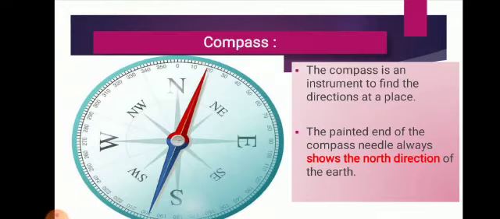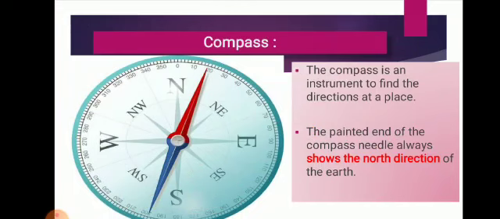See, this is a picture of a compass. A compass is an instrument to find the direction at a place. It is based on the property that a magnet can align itself along the north-south direction. A compass has a tiny magnet in the form of a needle which can rotate freely on a pivot. It has a circular dial with various direction marks on it.